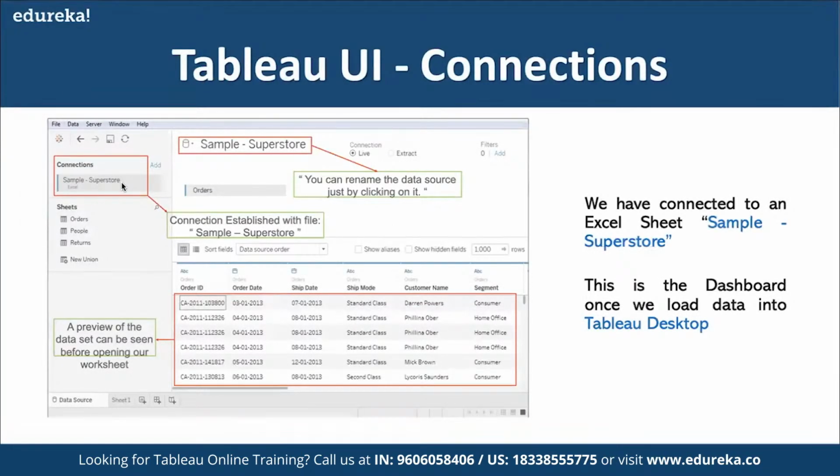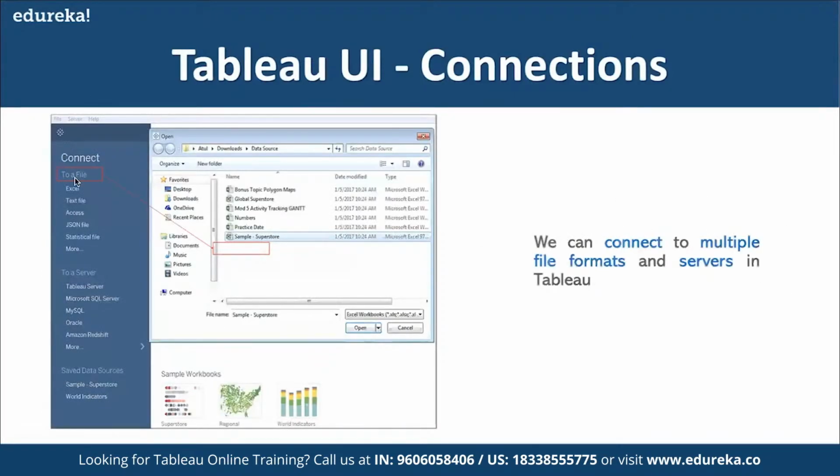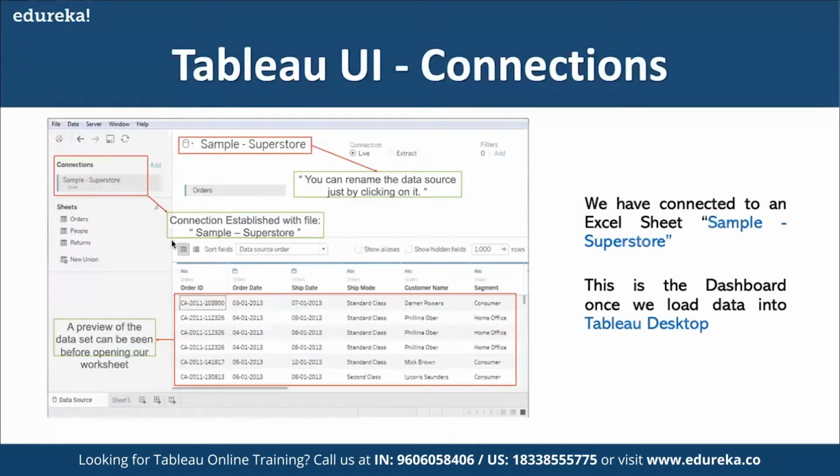So suppose you have to connect to an Excel file. Then you just need to choose the Microsoft Excel option and then select the Excel file. Immediately, we are brought into this page in Tableau where we can see the name of the connection. We can see the list of worksheets present in that particular connection. And by dragging and dropping the sheets over here, we can use the data present in those sheets.